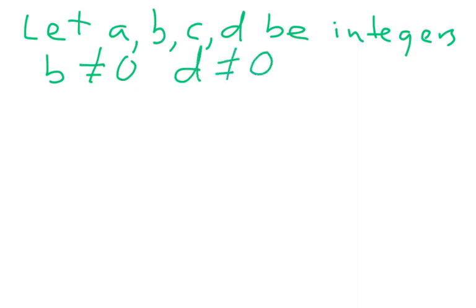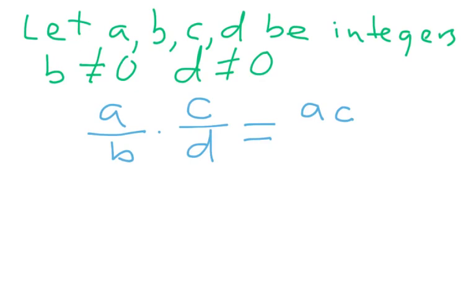And you'll see why in a minute. If I have the fraction A over B, and I want to multiply it by the fraction C over D, notice we don't want to divide by 0, so that's why I put that distinction in there. The product of the two fractions is simply found by multiplying the two numerators and multiplying the two denominators straight across, and then simplifying as needed.